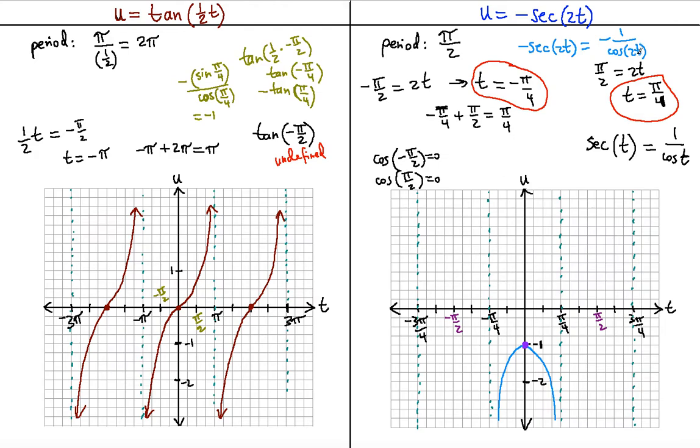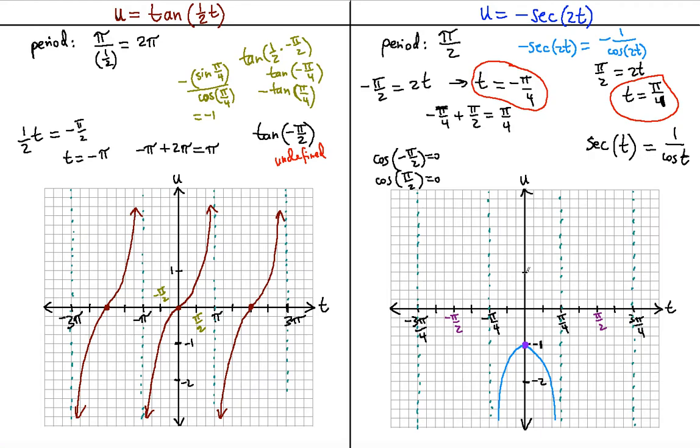Cosine of pi is minus 1, right? Together with that minus 1 on the top will give you 1. Right, so it makes sense now that for this chunk, the highest point is going to be for the cosine, and it's going to be the lowest point for the minus secant of 2t.